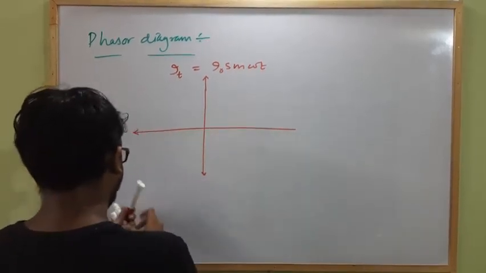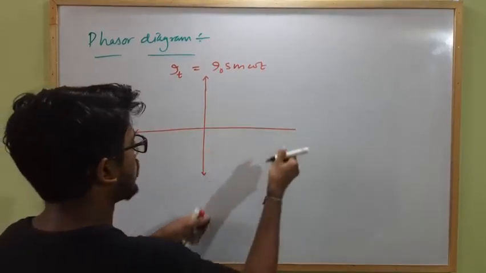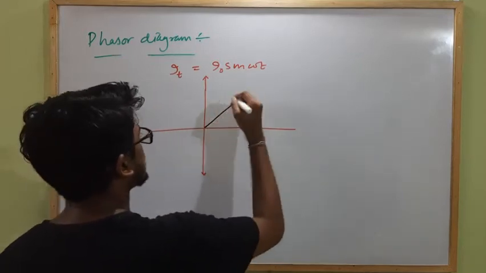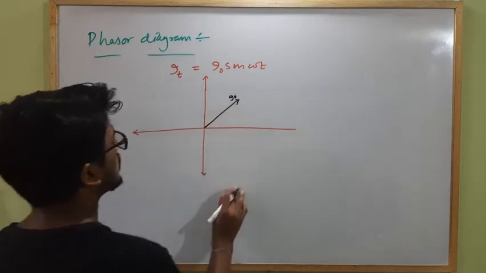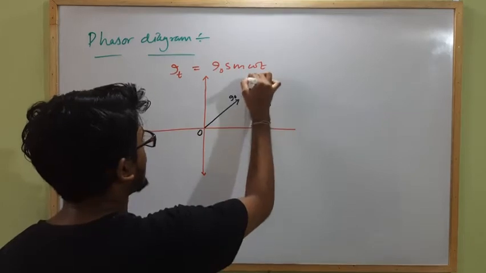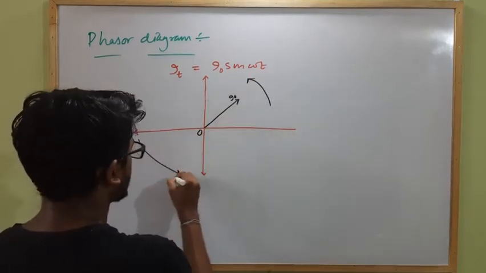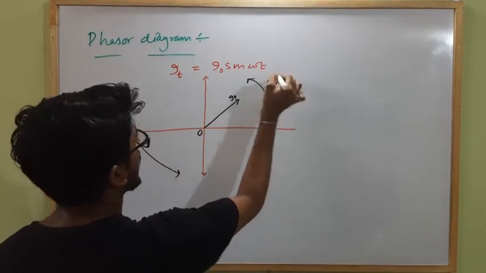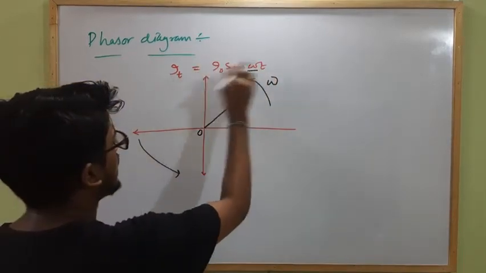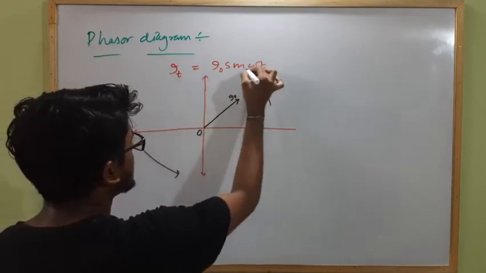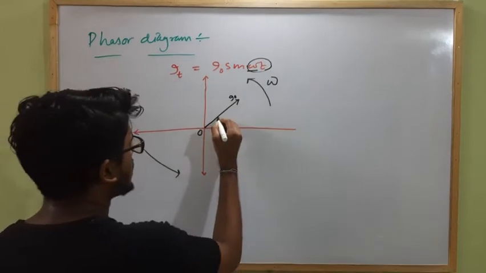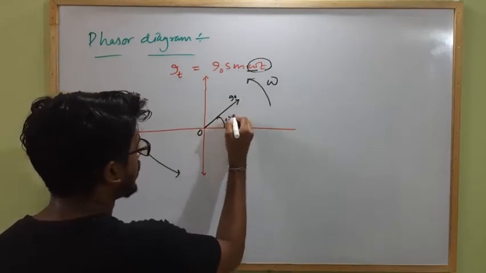The length of this vector represents the peak value I naught, and it is rotating about the center O in anti-clockwise sense like this with angular velocity omega, which is equivalent to the angular frequency of the alternating current. At any instant t, this is the angle or phase of the vector. So this angle will be omega t.